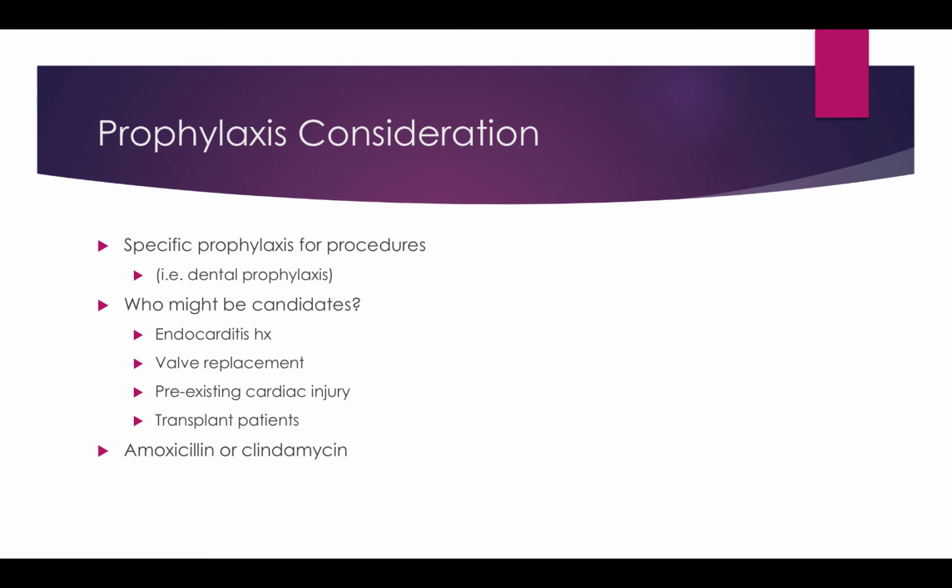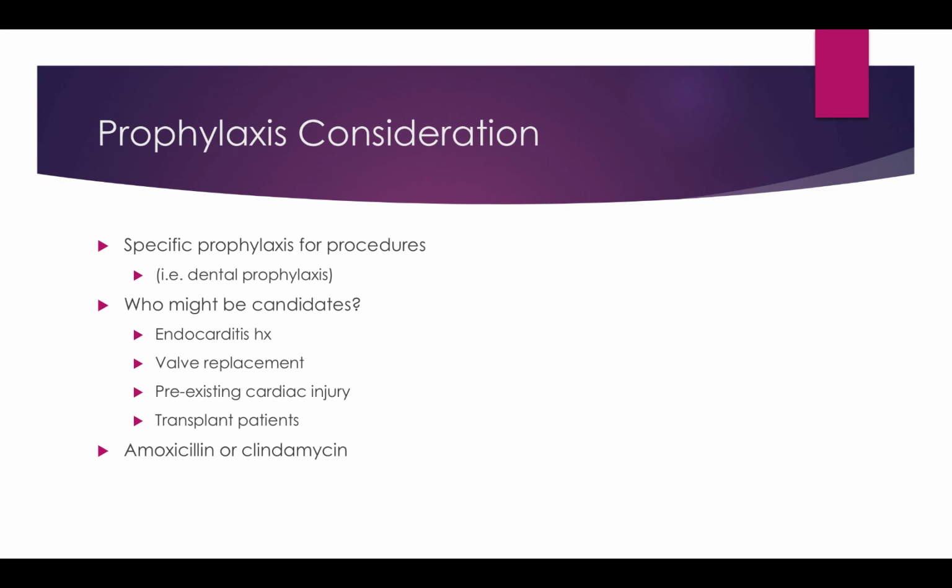Any type of pre-existing cardiac injury, any type of valve replacement might be a little bit higher risk. Any type of transplant patient might be at a little bit higher risk. And then obviously if they've had a history of endocarditis, we're likely going to be wanting to use antibiotic prophylaxis for some of those procedures.